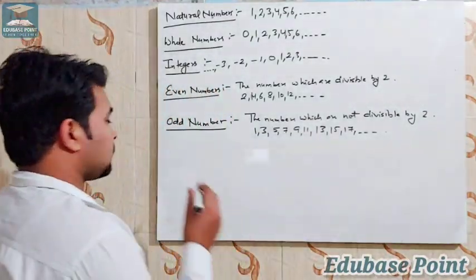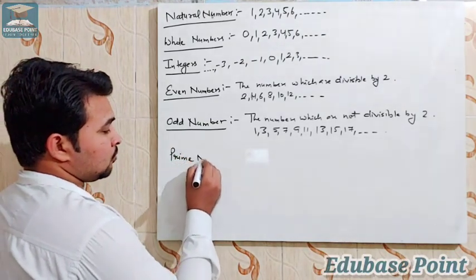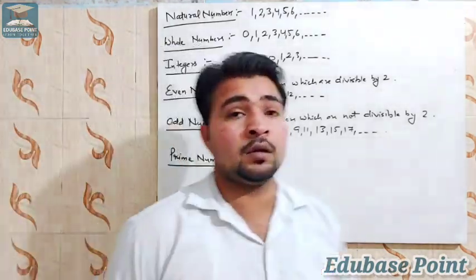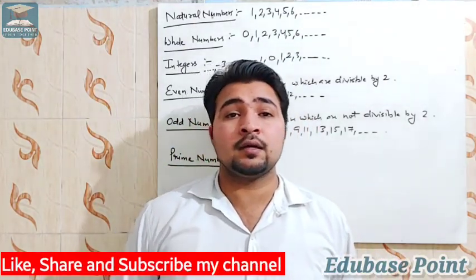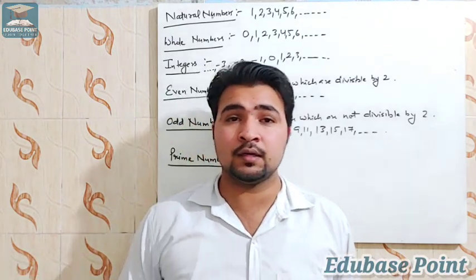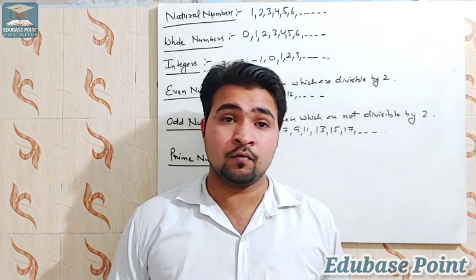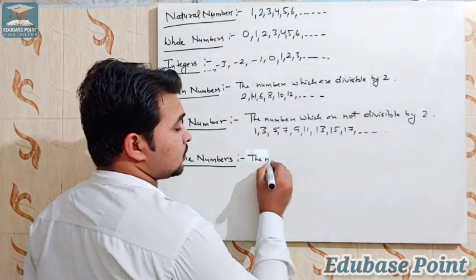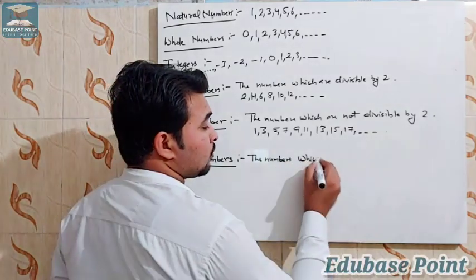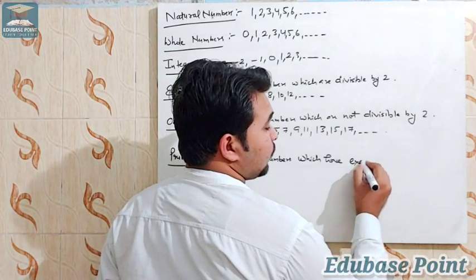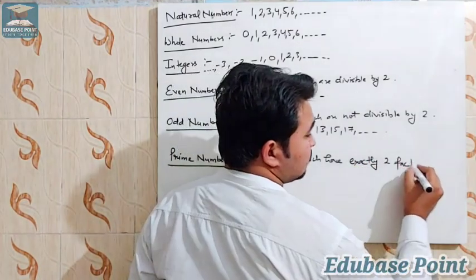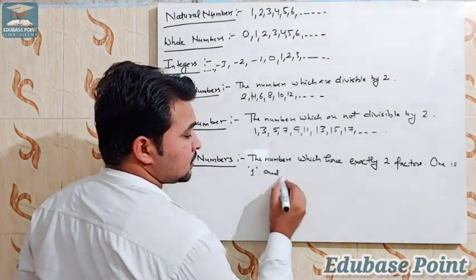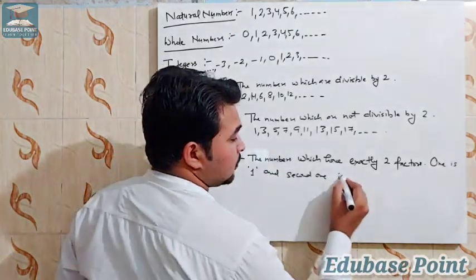So the next number is the prime number. Prime numbers are the numbers which have exactly two factors: one is 1 and the second one is itself.